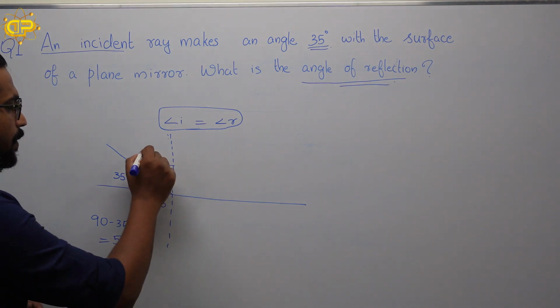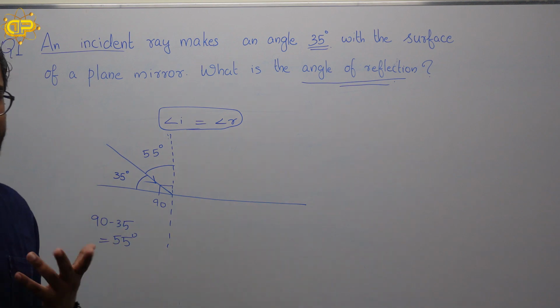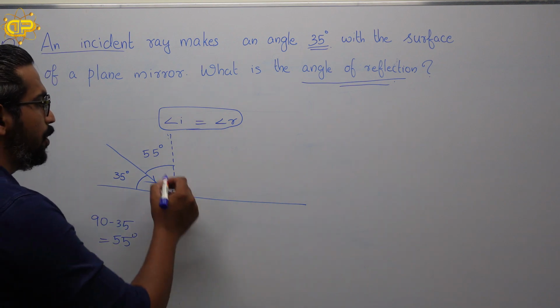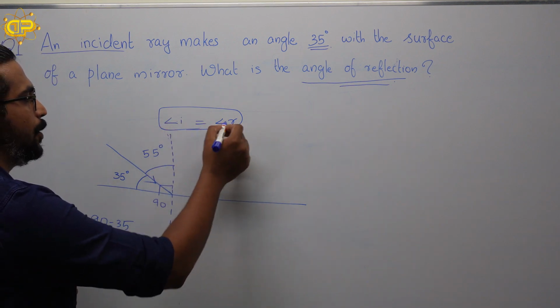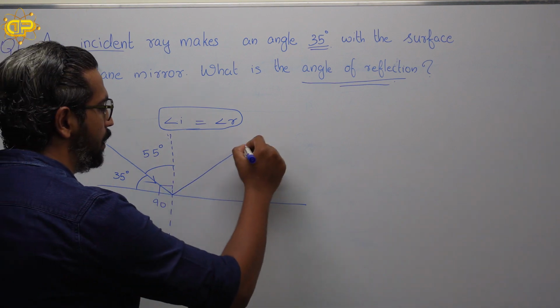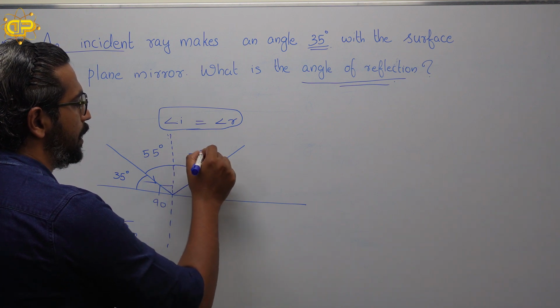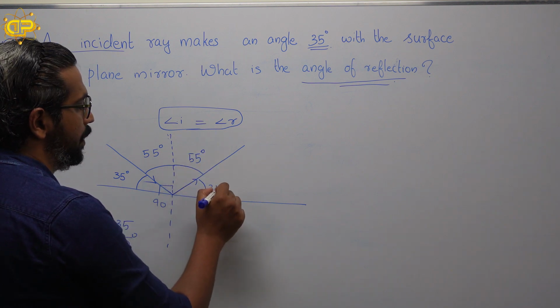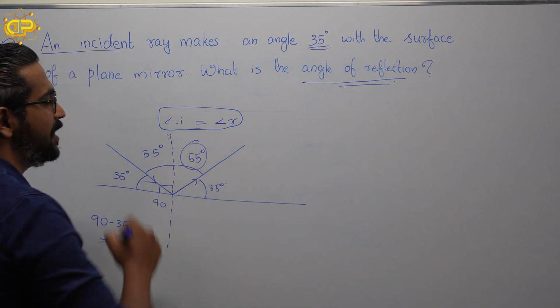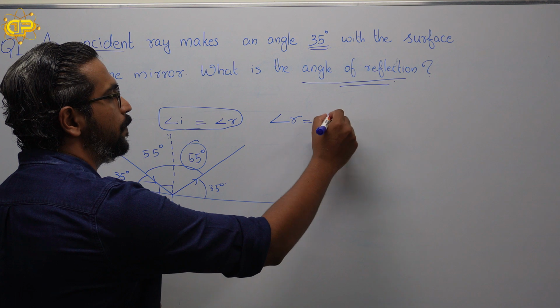So this will be 55 degree. 55 plus 35, that is 90. So now you know that angle I is equal to angle R. So definitely there will be a reflected angle, and this angle will be 55 degree and this will be 35 degrees. So this is what we need to study. So angle R is equal to 55 degree.